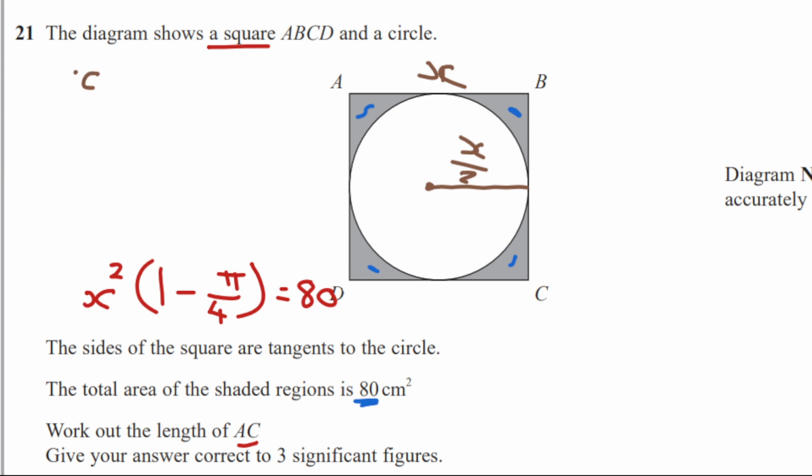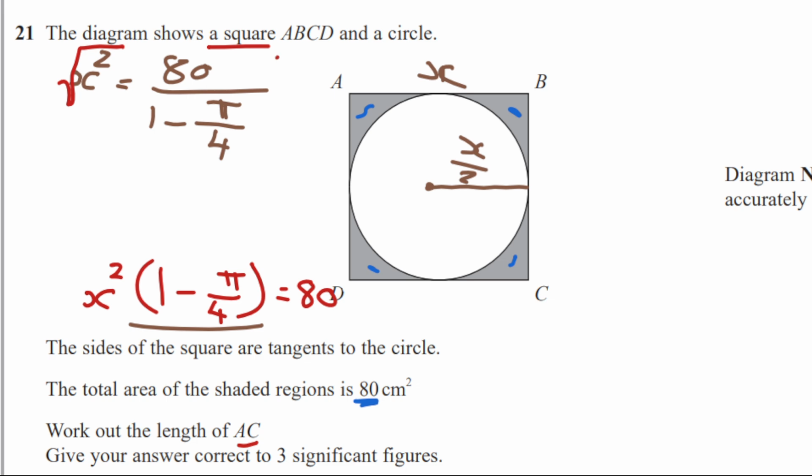Let's say x squared is equal to, if I divide both sides by 1 minus pi over 4, 80 divided by 1 minus pi over 4. This is x squared. What's x then? I'll just do the square root of both sides. So x is equal to the square root of 80 divided by 1 minus pi over 4.